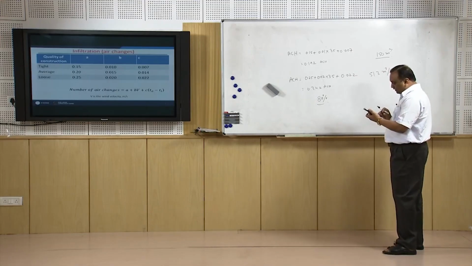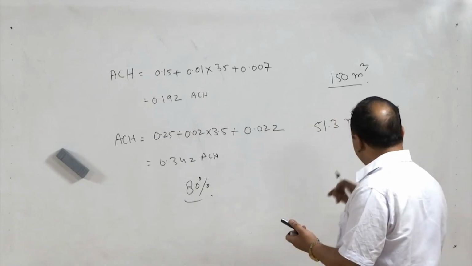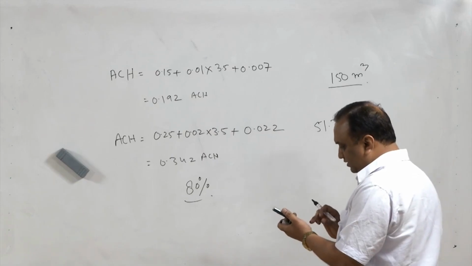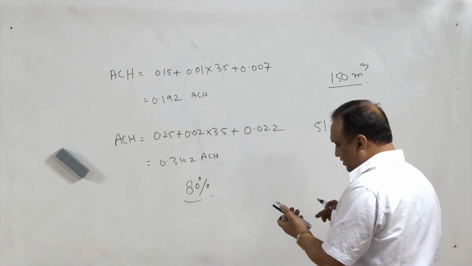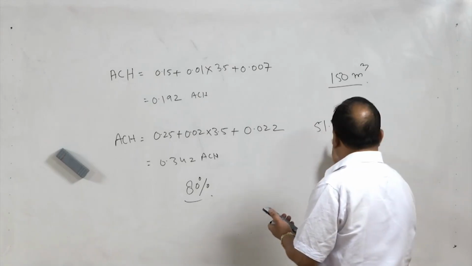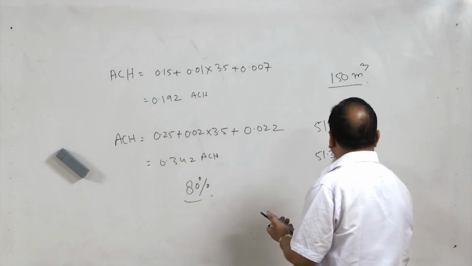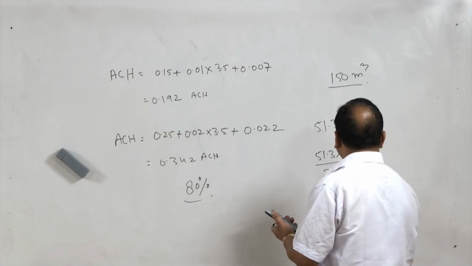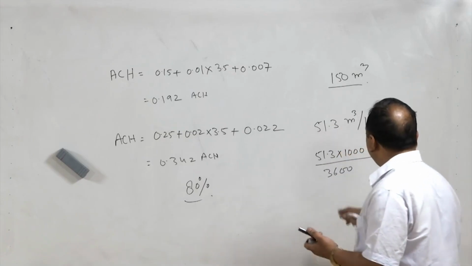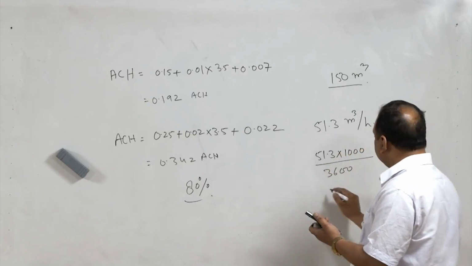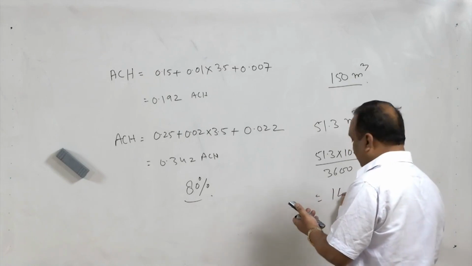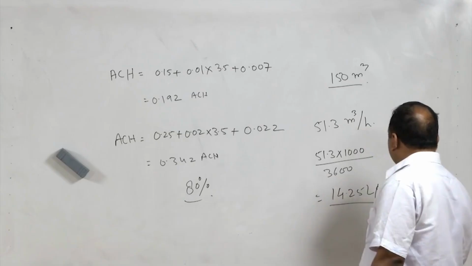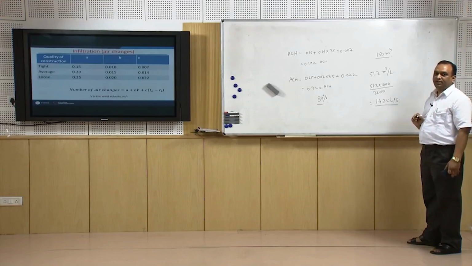Now 51.3 meter cube per hour is 51.3 into 1000 liters divided by 3600. So 51.3 divided by 3.6 is going to be 14.25 liters per second. So this is going to be the movement of air in the house.